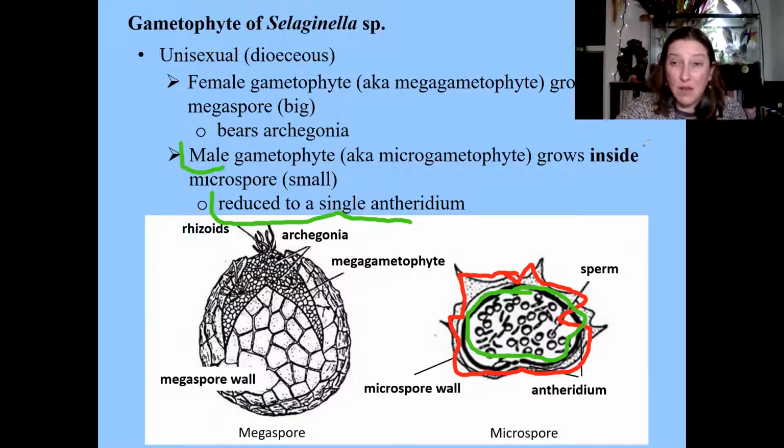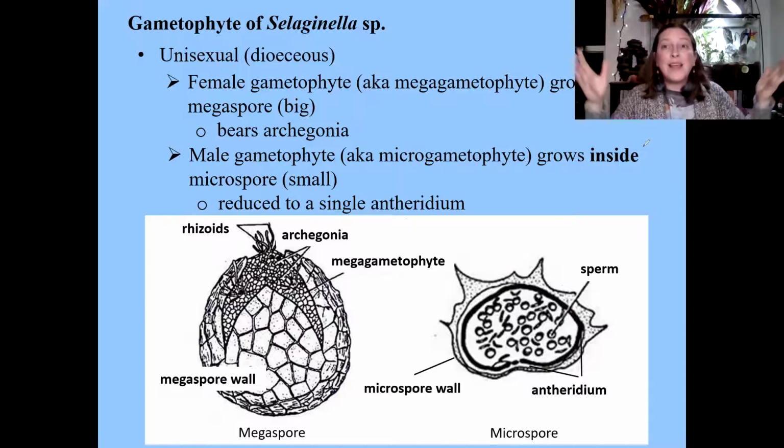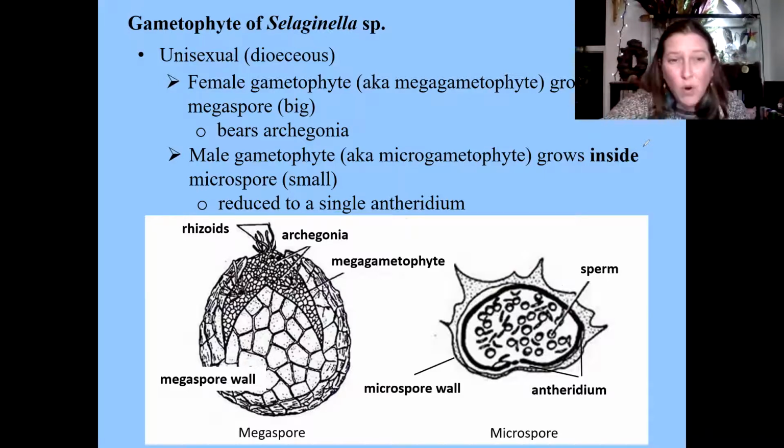It's a very big reduction in gametophyte size. Think back to the true mosses and peat mosses, where you're walking through the forest and you see all this green fluff with your eye, and that's all gametophyte plant. Now we're talking about gametophyte plants that stay inside of a spore wall.